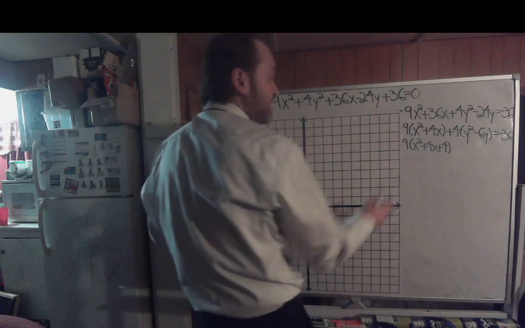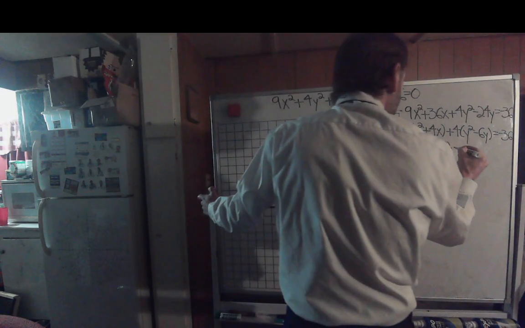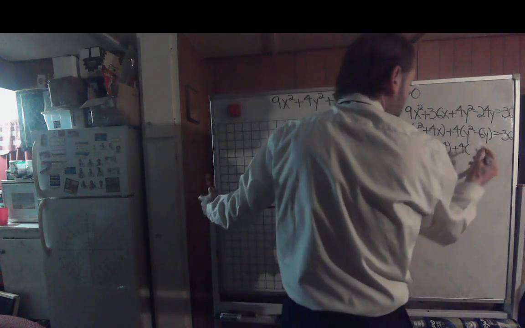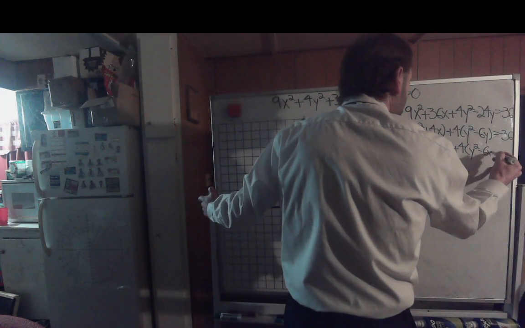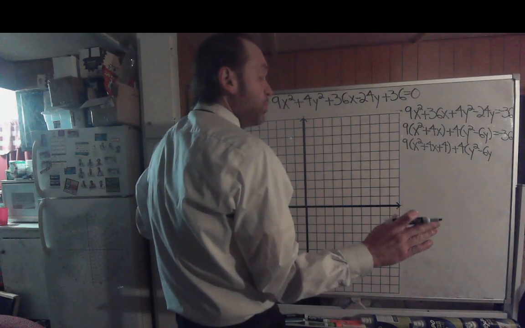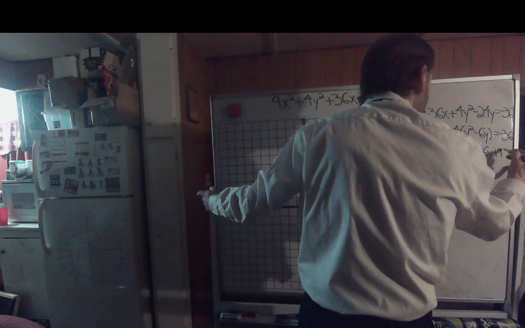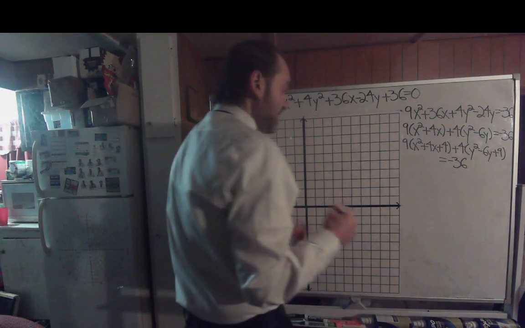So you end up having 9 times x squared plus 4x plus 4, plus now keep that 4 outside of the parentheses in your y, so complete the square on the y terms. You'll have y squared minus 6y. Now, what is half of negative 6? That's negative 3. If you square negative 3, you get plus 9.